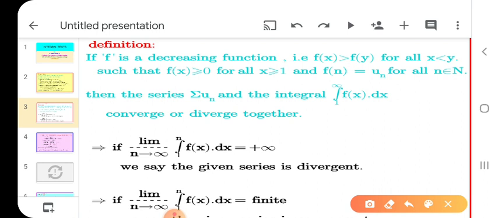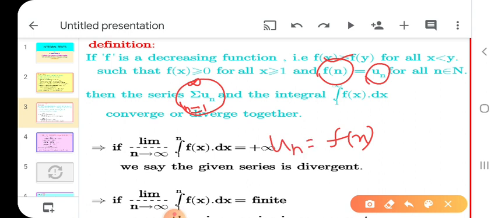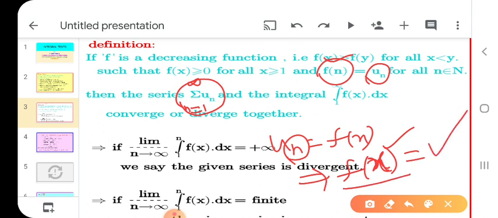First I take summation un as our given series, where n equals 1 to infinity. Let un equal f of n. Similarly, I write the value of f of x in x terms. The given series was in n terms. Now I write the series in x terms. So let f of x equal the given series.